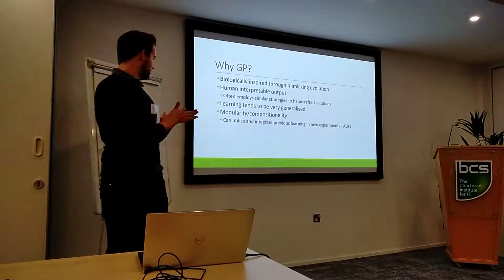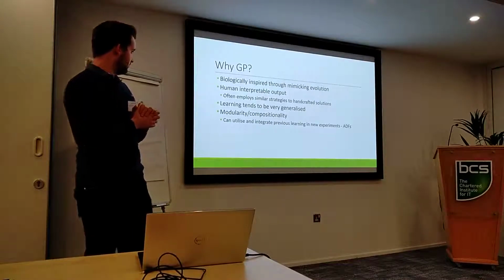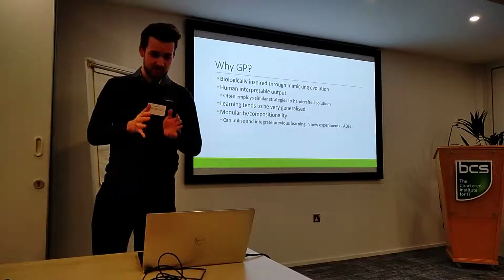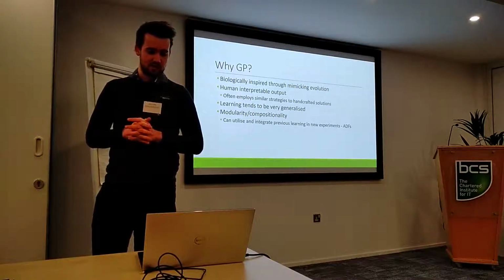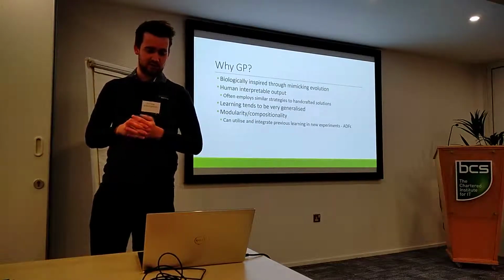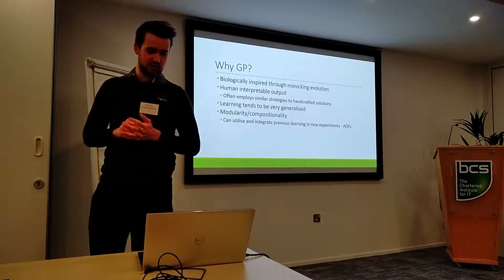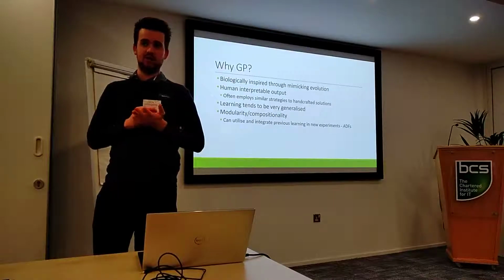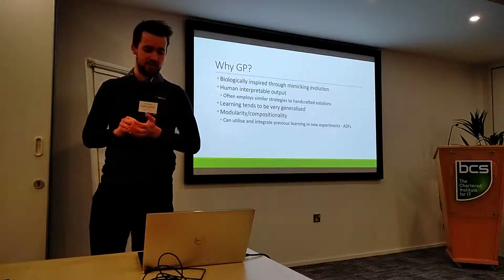It allows us to have human interpretable output. So we often find with the image-based GP that we have solutions that are using similar strategies to handcrafted solutions. So obviously in the olden days, before we had neural networks, a lot of solutions would be hand-coded.